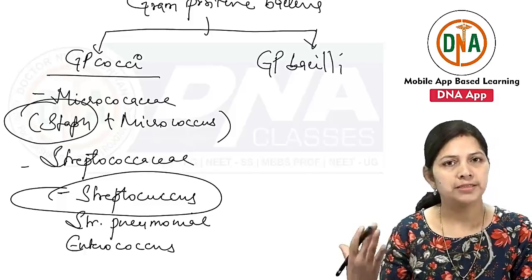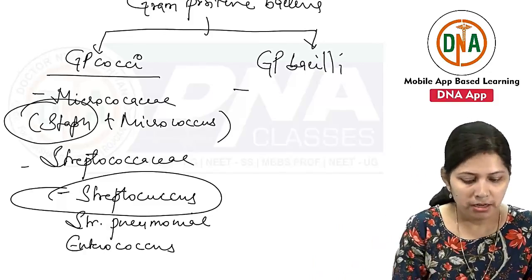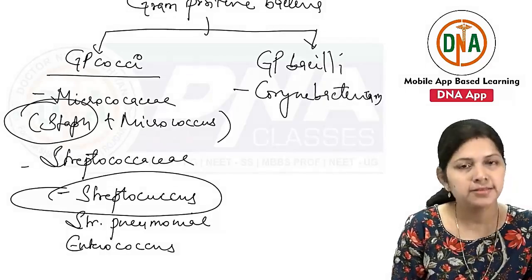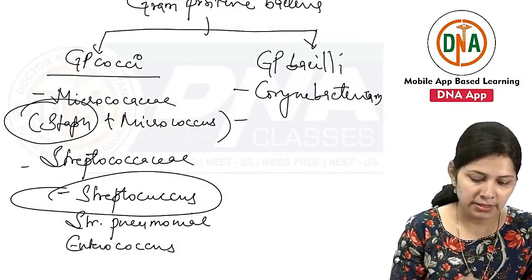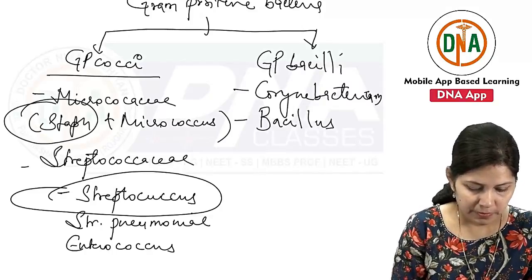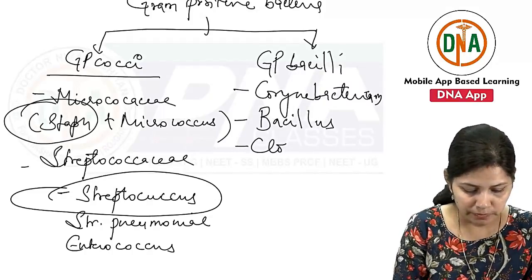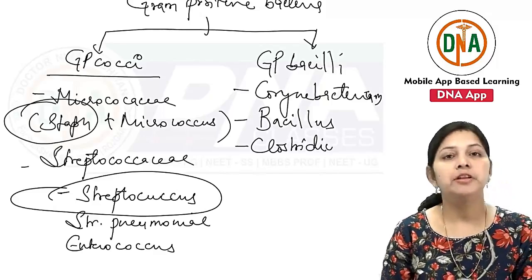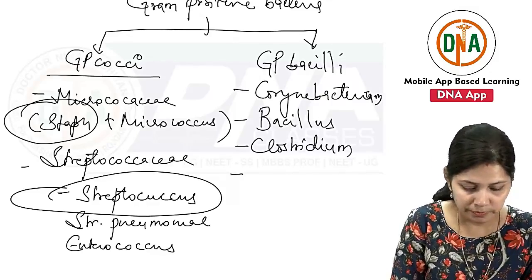In gram positive bacilli we will first take bacteria like Corynebacterium. Next is the spore forming aerobic bacteria, that is the Bacillus. Then spore forming anaerobic bacteria, Clostridium. Then a very important group of acid fast bacteria, Mycobacterium.